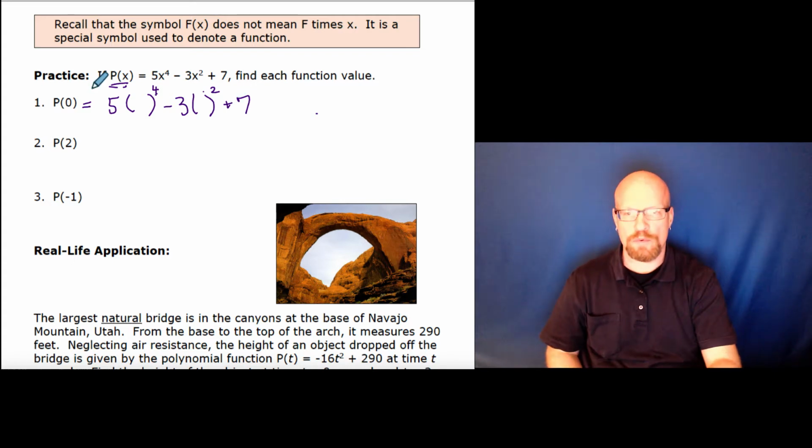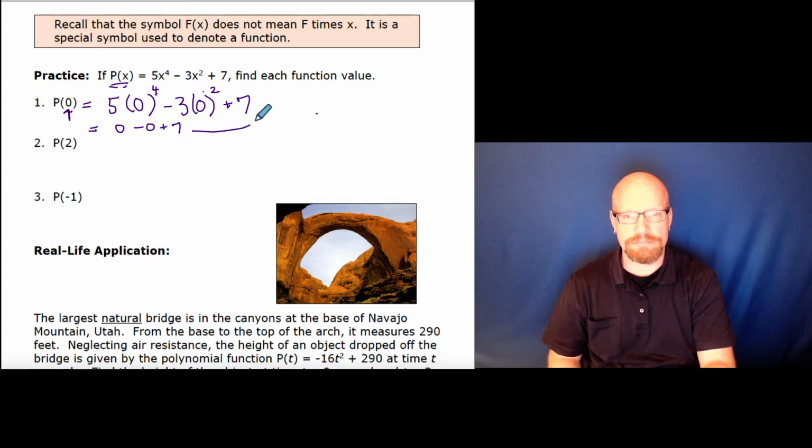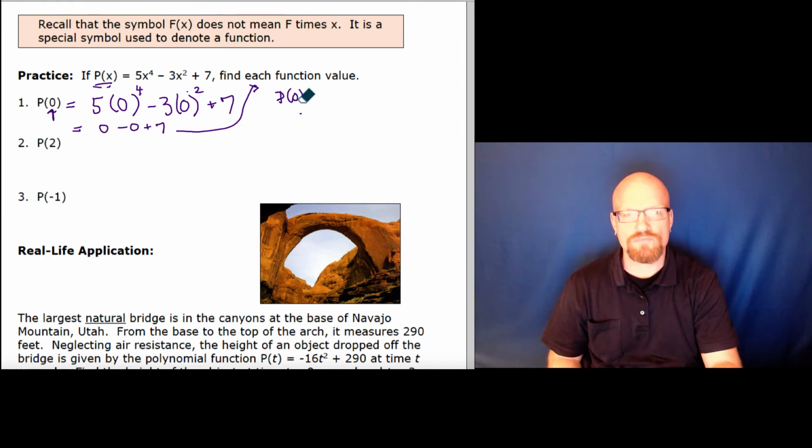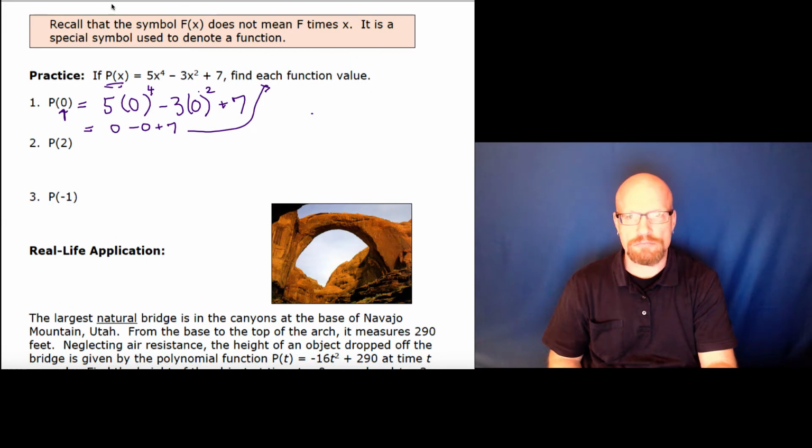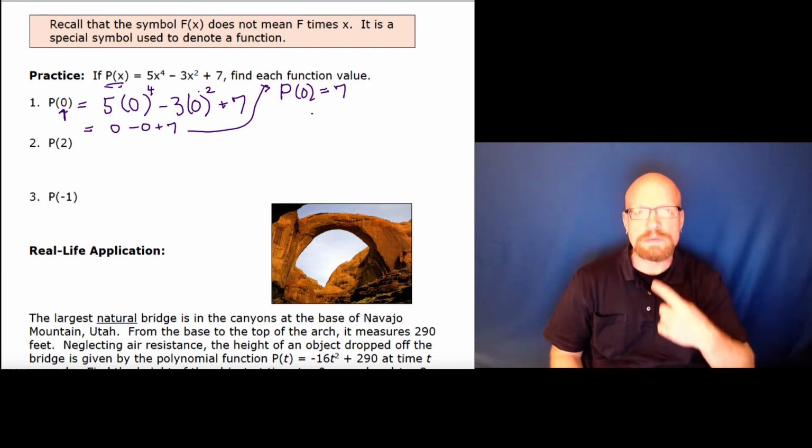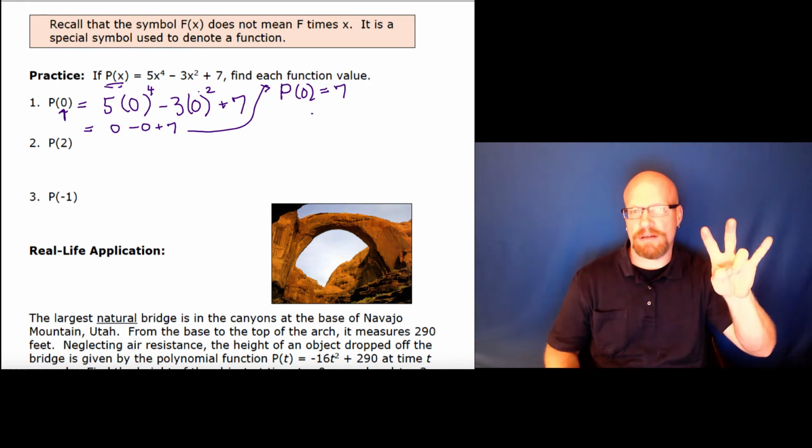Now, where you see parentheses, I will put 0 in there. We would say p of 0 equals 7.